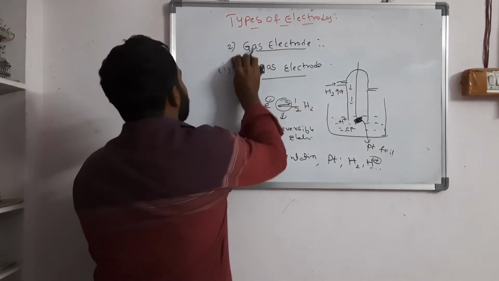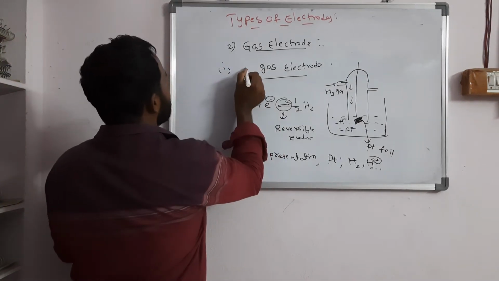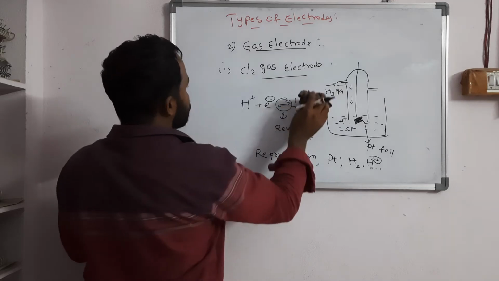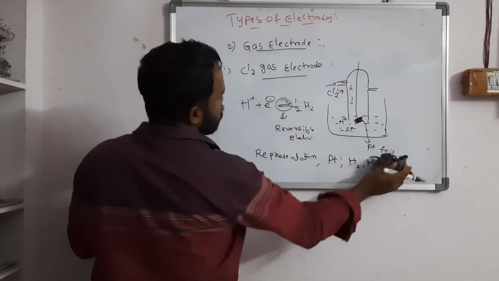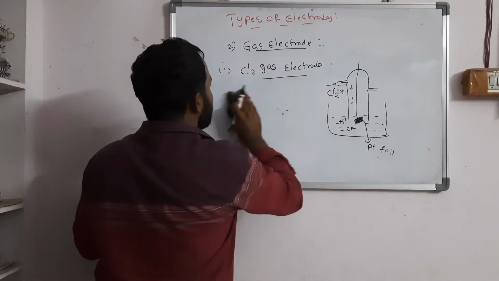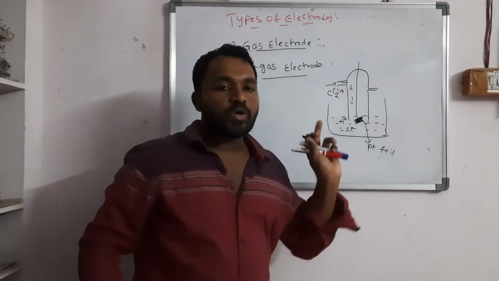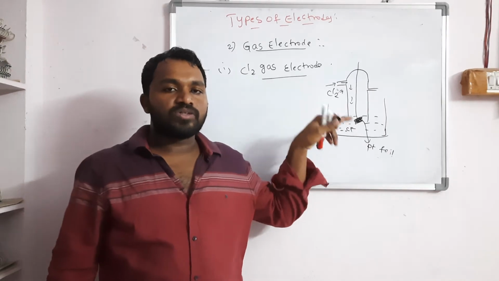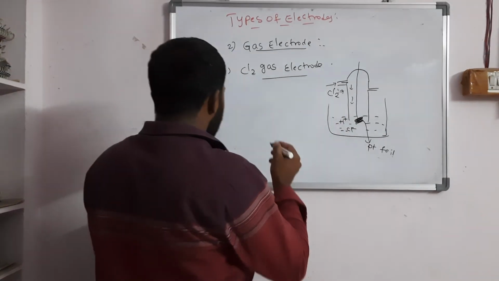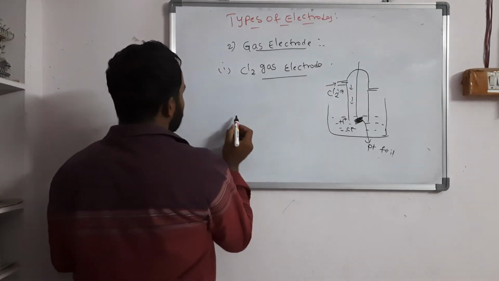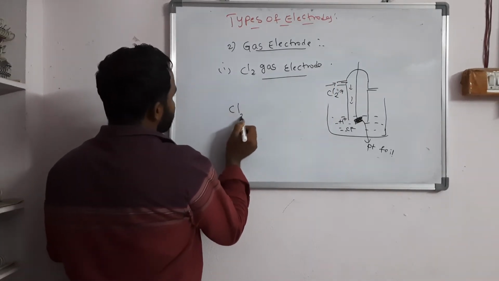Next is chlorine gas, which you should write. In the chlorine gas electrode, the same as hydrogen gas, in place of hydrogen you should write chlorine gas. Chlorine gas is bubbled through the HCl solution, while the contacting electrode is a platinum electrode. You should write that point.